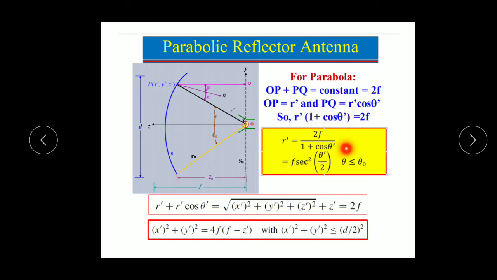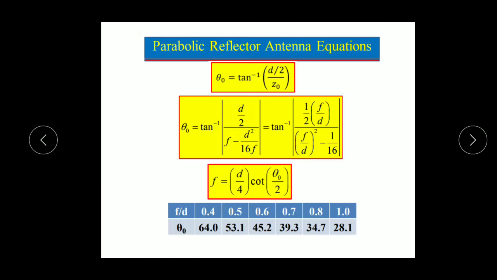So R equals 2F over (1 plus cos theta), which is F sec squared of theta dash by 2. This is the theta dash. So tan theta naught equals (D by 2) over F, where D is the diameter of the parabola and F is the focal length, giving D squared by 16F.